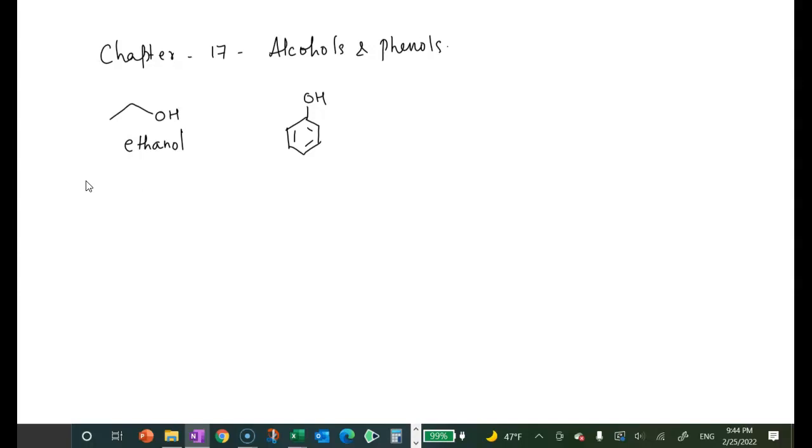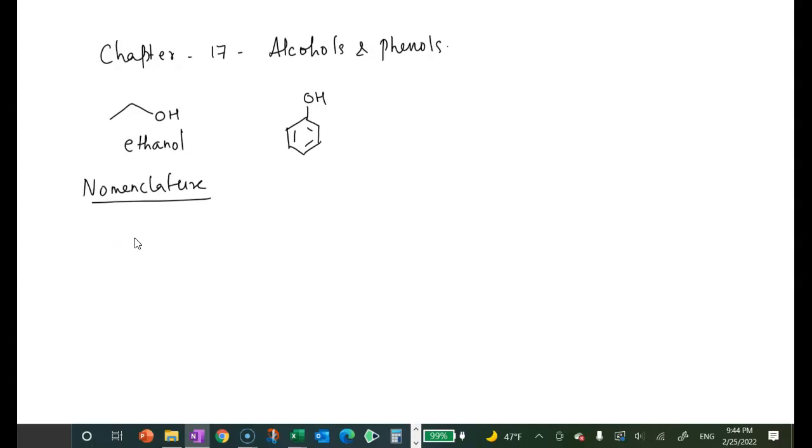So for the nomenclature part, we will follow the IUPAC system again by identifying the name of the parent first, and then we will name the substituents, assign a locant to each substituent, and then assemble all the substituents alphabetically.